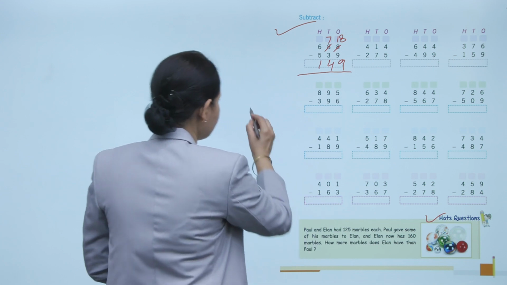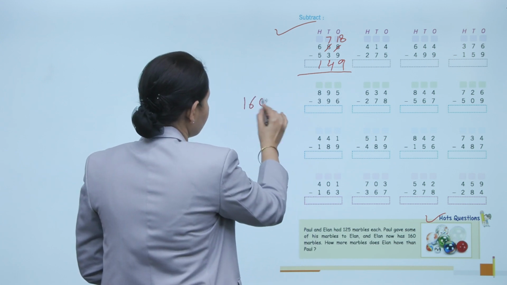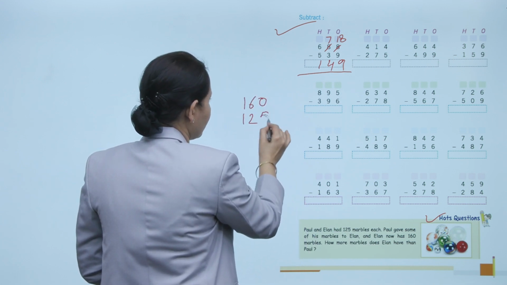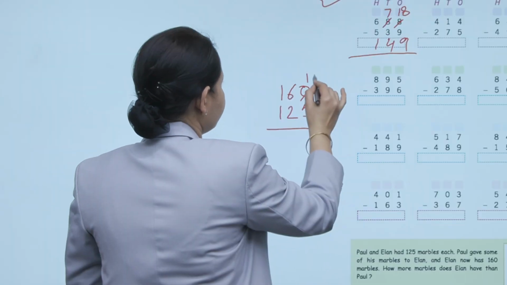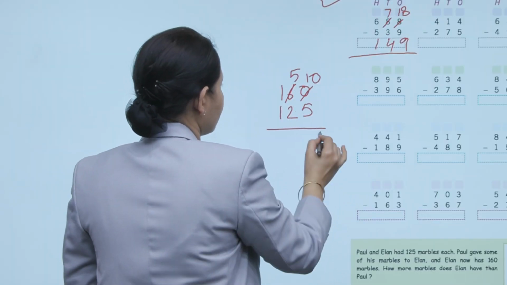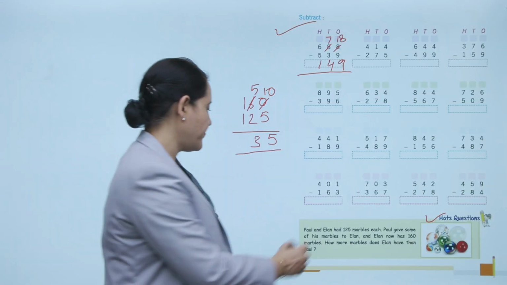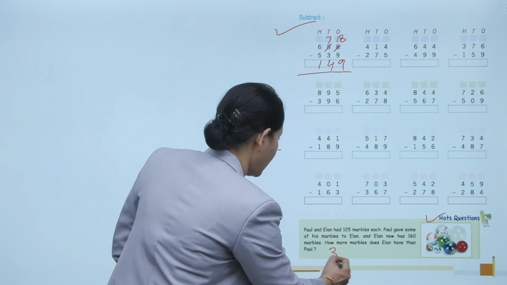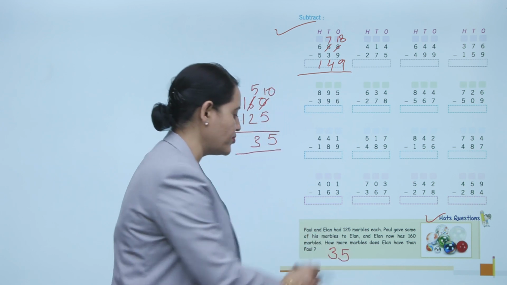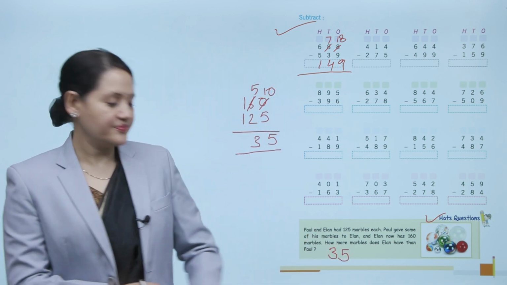Now Alan has 160. So कितने ज़्यादा है? 160 minus 125. 35. So Alan has 35 marbles more than Paul.